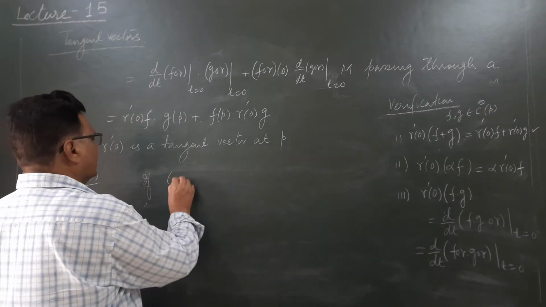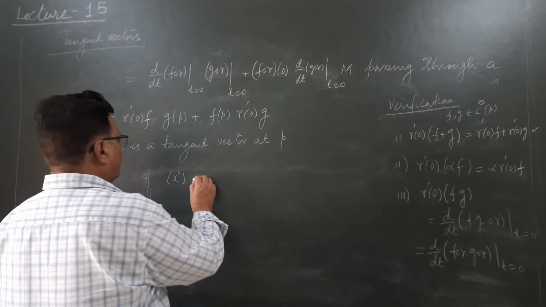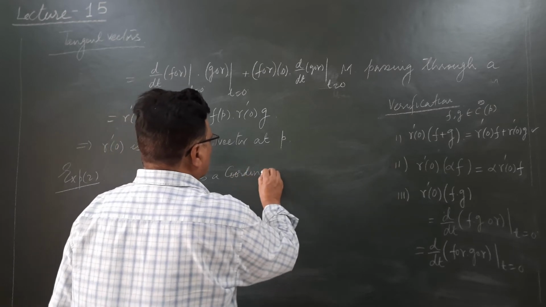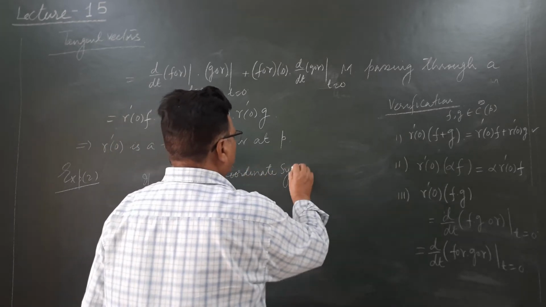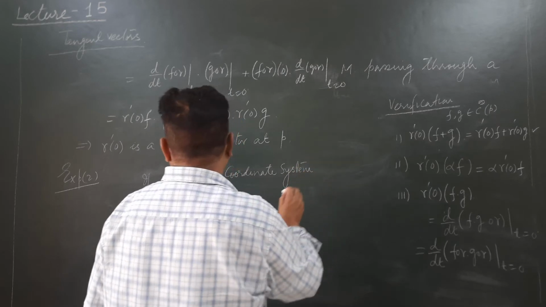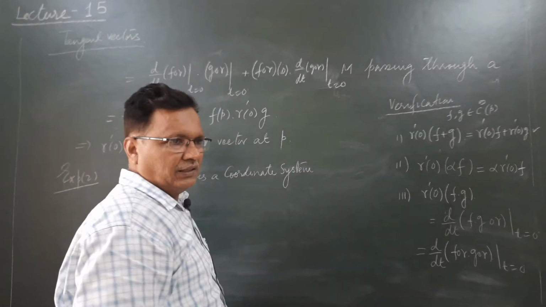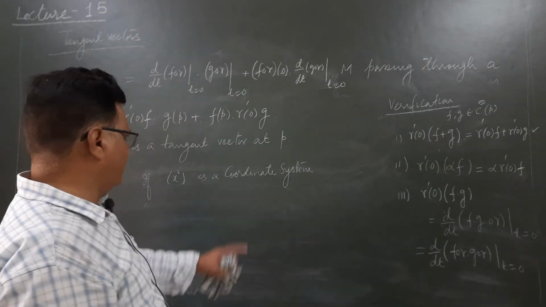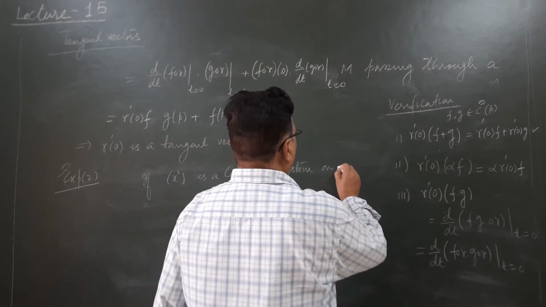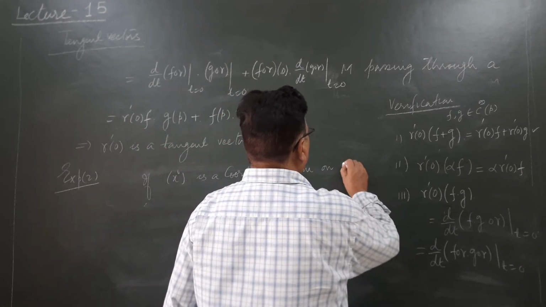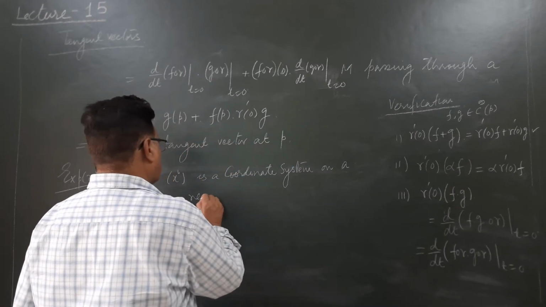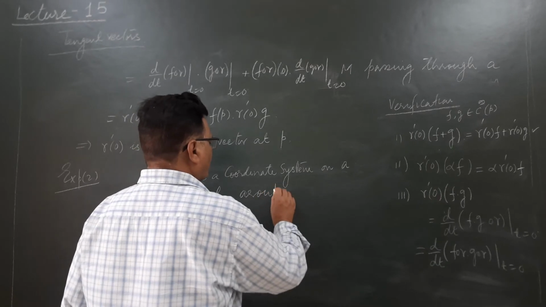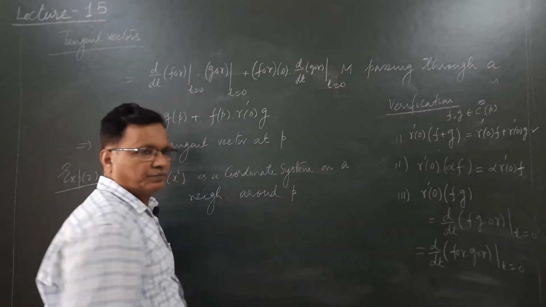So if xi is a coordinate system, when we say coordinate system, it means that x1, x2, x3, ..., xn are real valued functions defined on the neighborhood of P. So xi is a coordinate system on a neighborhood around P. Okay.